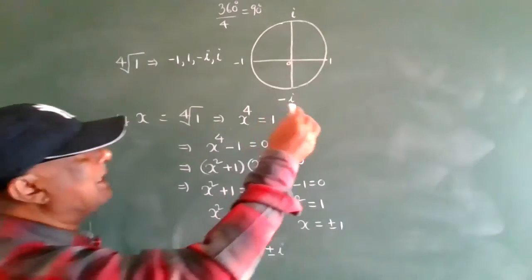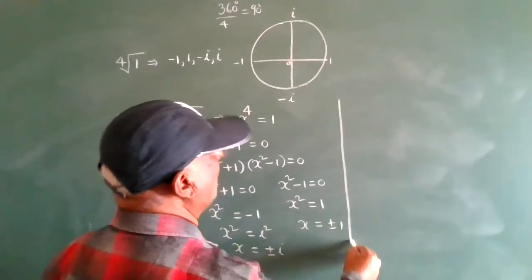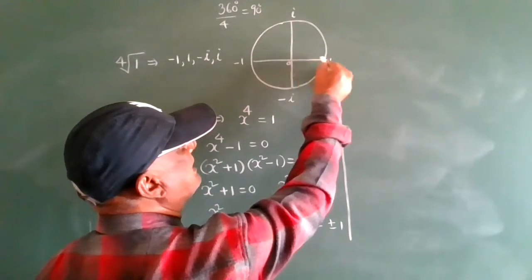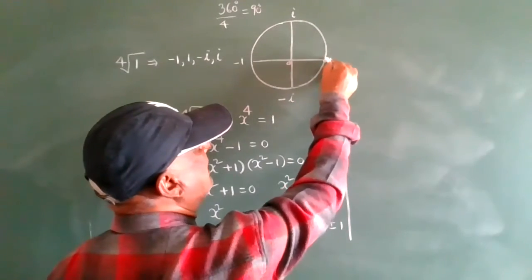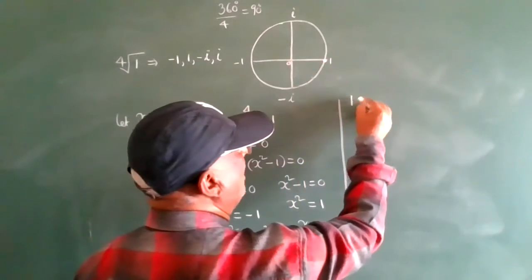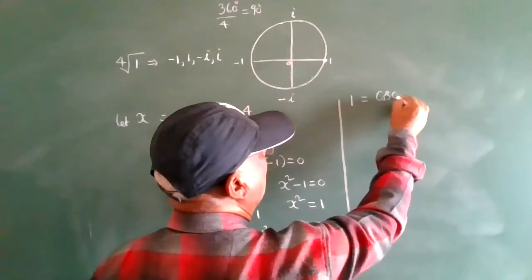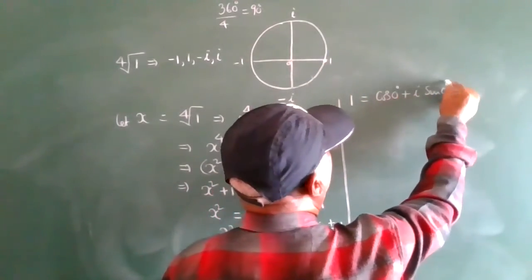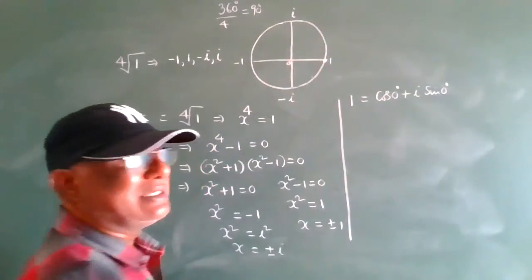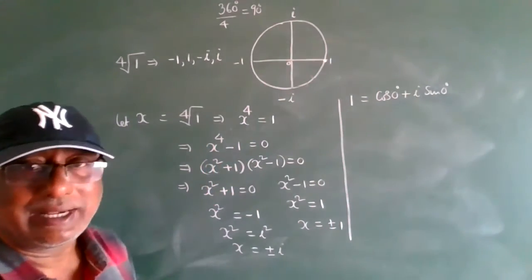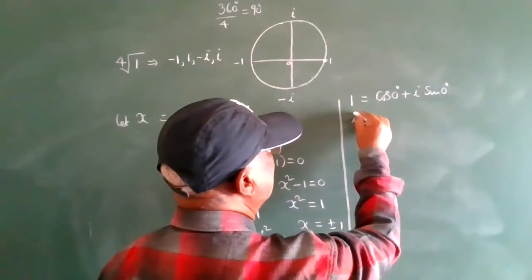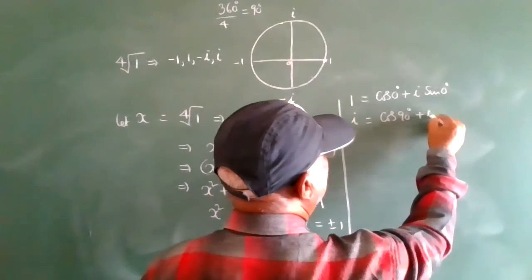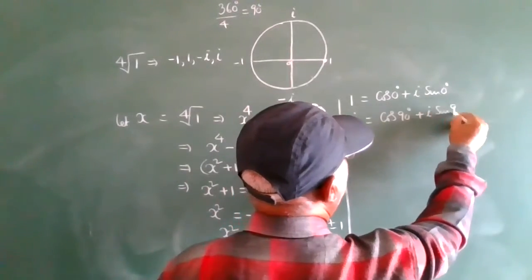Okay? What is the polar form? One is on the positive side of the x-axis, starting at 0 degrees, meaning the angle is 0 degrees. Therefore, the polar form is cos 0 degrees plus i sin 0 degrees. Okay? i is on the positive side of the y-axis, making 90 degrees. Therefore, i is equal to cos 90 degrees plus i sin 90 degrees.